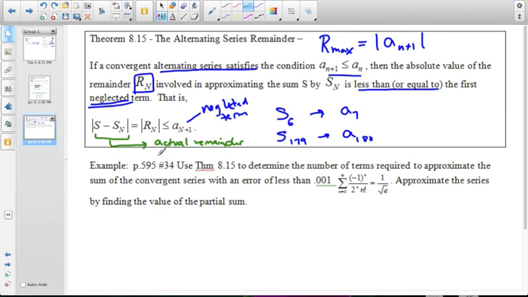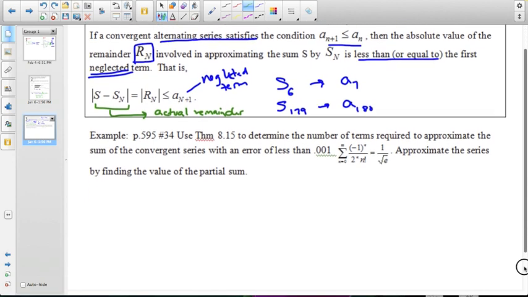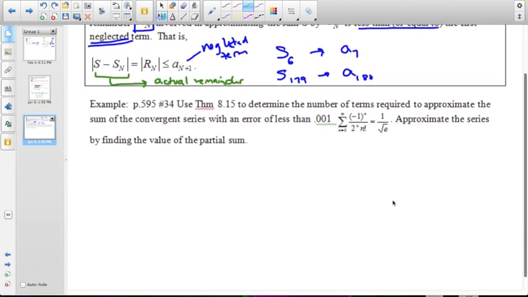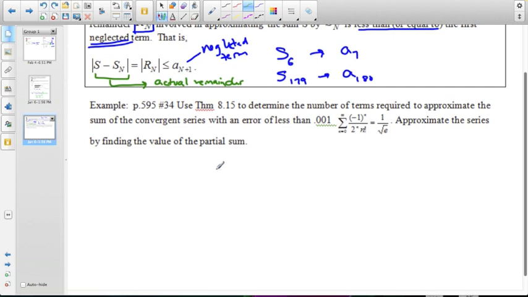And so the idea is that if we can find the maximum remainder, then we're confident that the actual remainder is less than that. And that's really what we're going after: if we're okay with the maximum remainder being what it is, then the actual remainder being less, we should also be okay with. So let's take a look at this series here. It says, determine the number of terms required to approximate the sum of a convergent series with an error of less than 1/1000th.